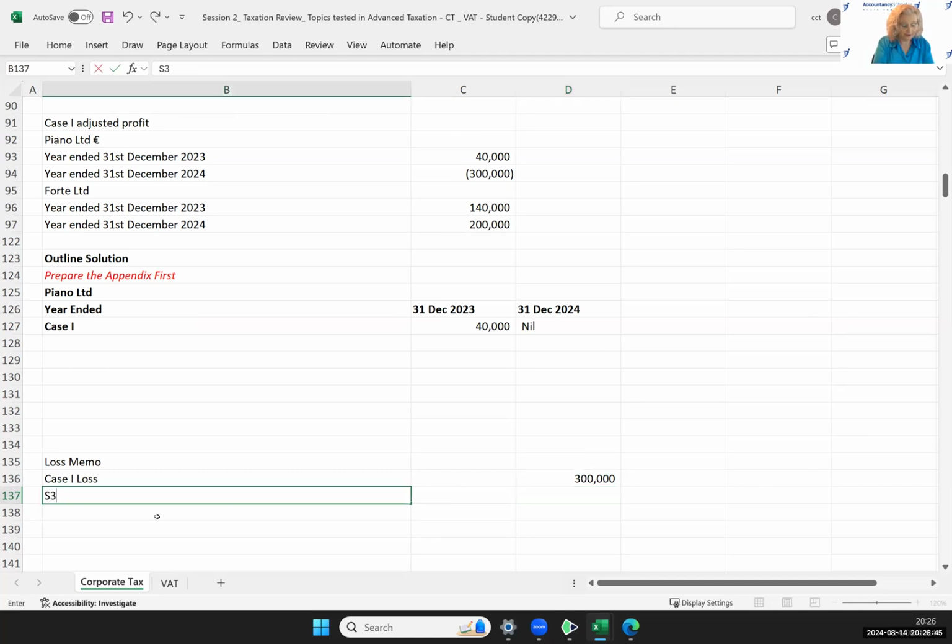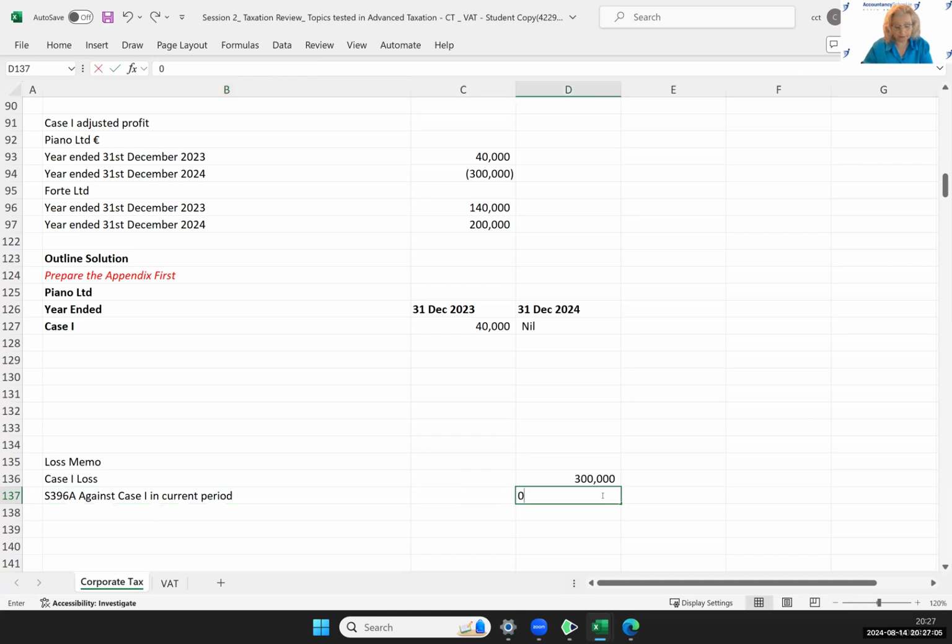Well, under section 396A, you can use that loss against any other case one income in the current period. Does Piano Limited have any other case one income in the current period?